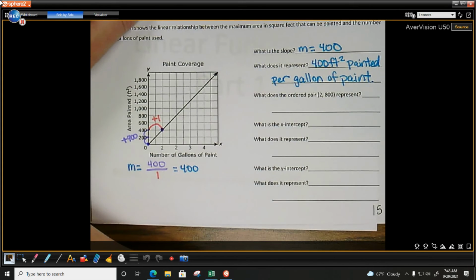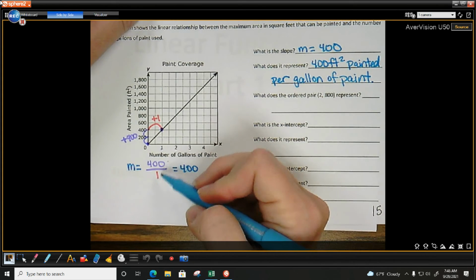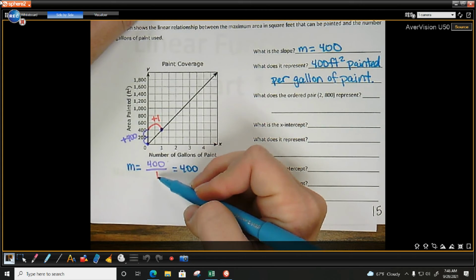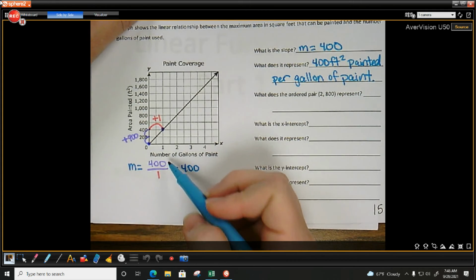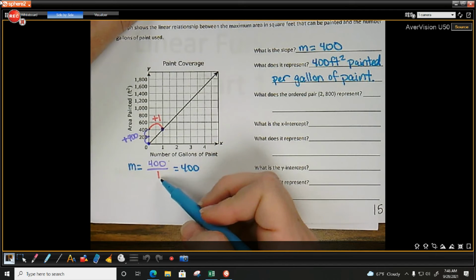The y value per the x value, y over x. Use the y-axis to help you identify the 400. Use the x-axis to help you identify the 1. We okay with that?